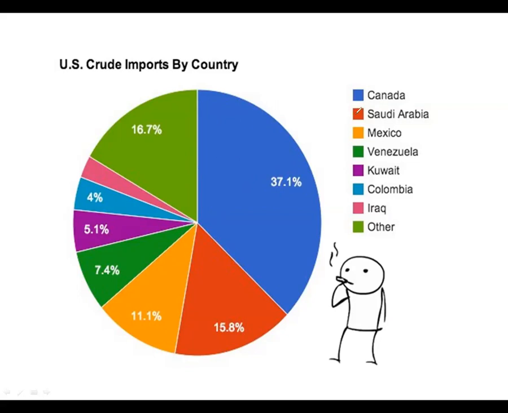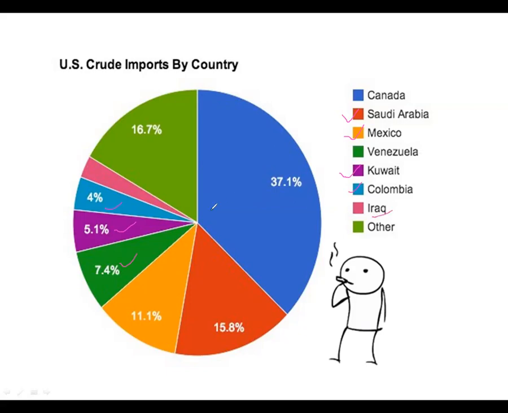Saudi Arabia, the next country, supplies 15.8%. Mexico supplies 11.1%. Venezuela supplies 7.4%. Kuwait supplies 5.1%. Colombia supplies 4%.